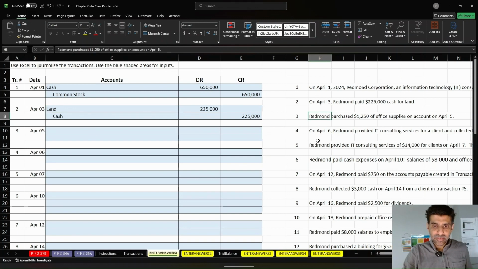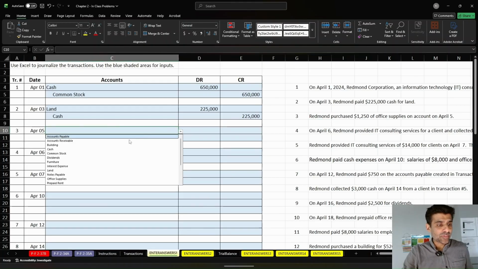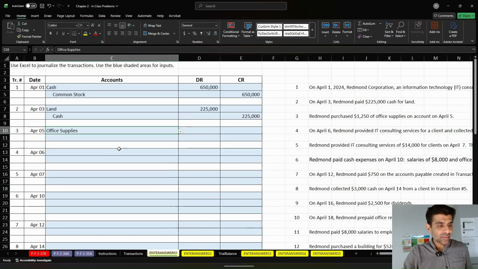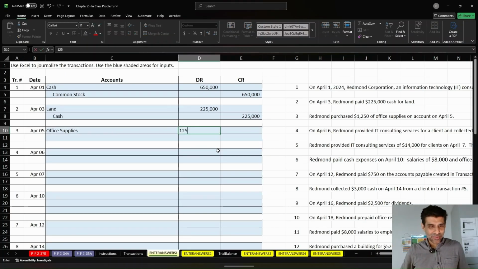Next one. We purchased office supplies on account. Okay, so I'm receiving office supplies, and office supplies are what? An asset? What are they? Yeah, they're an asset, right? Let's just not play that game. 1250. It's an asset.